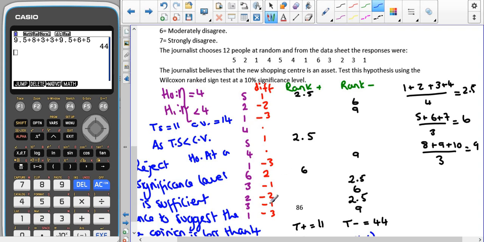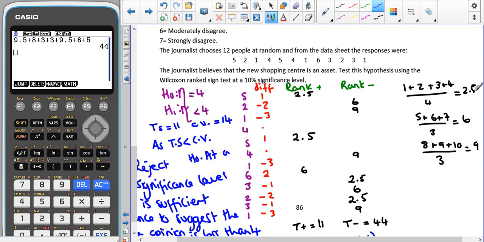We have a lot of 1s, 2s and 3s, ignoring the signs, because of the range of data that we're looking at. So then, for the 1s, we have the 1 at the top, we have 1 here, we have a -1 here and a -1 here. So we have 4 1s, so they're going to get the ranks 1, 2, 3 and 4.